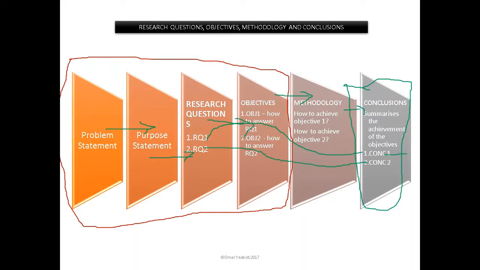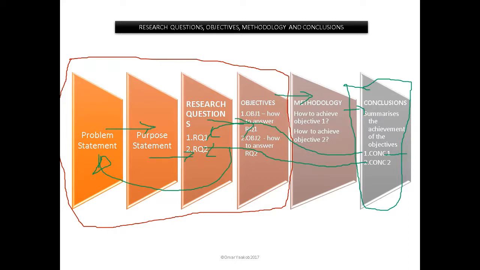And finally, if you answer these objectives and research questions, you are going to solve the problem, meaning there'll be no more gap in knowledge. Researchers who come after you will not be able to claim that there is a gap in knowledge, because the conclusion and findings of your research have already answered the objectives and research questions, and as such, there's no more problem.